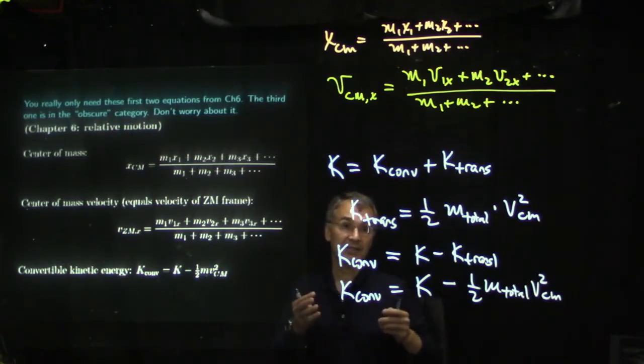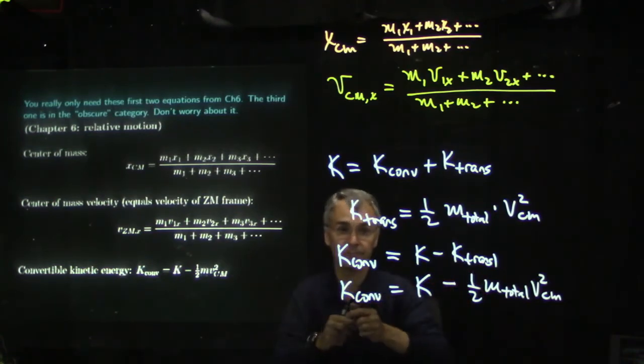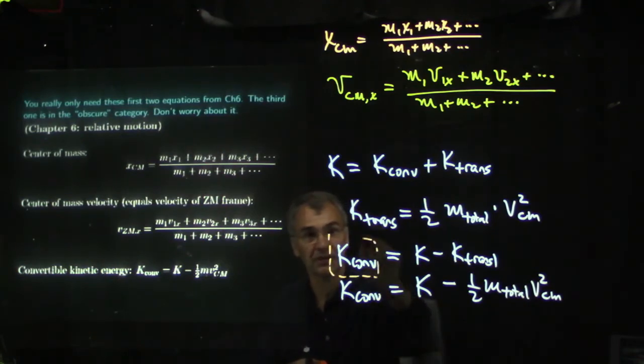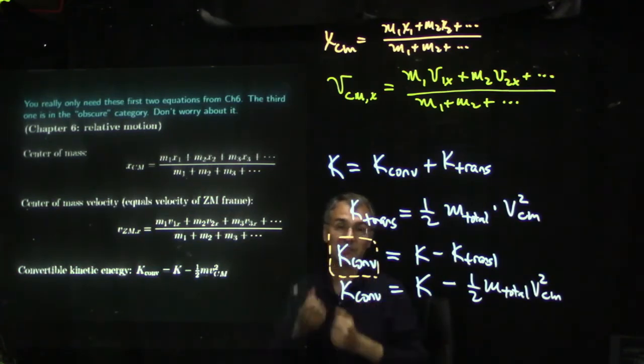And so even if you make all the parts of a system stick together in a collision, only this convertible part of the initial state kinetic energy can be converted into other forms like heat, or like rearranging the shape of your bumpers or fenders in your car.